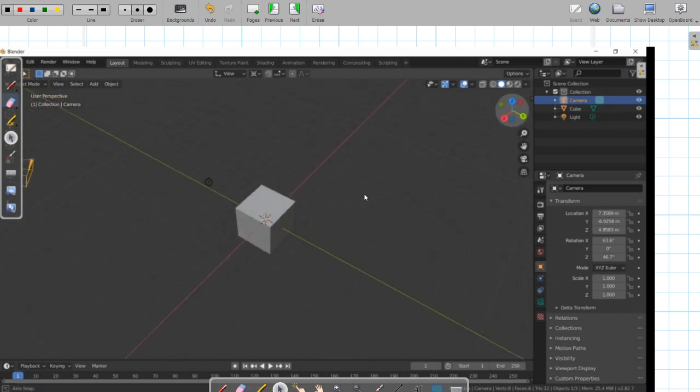At first, have a look into the orientation of the primary axis system. This red line is your x-axis, this green line is your y-axis, and this blue line is your z-axis.